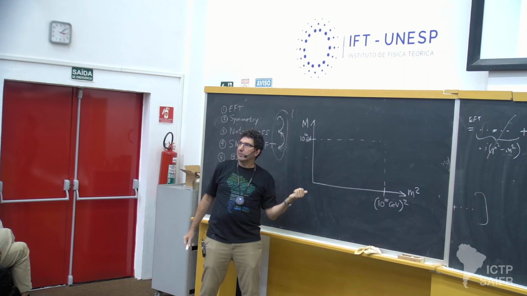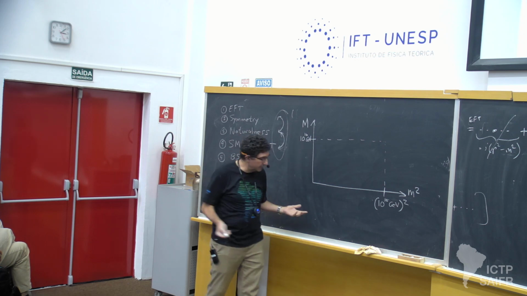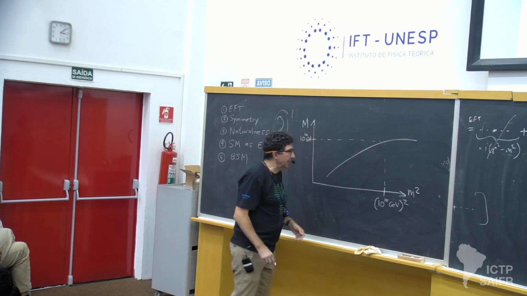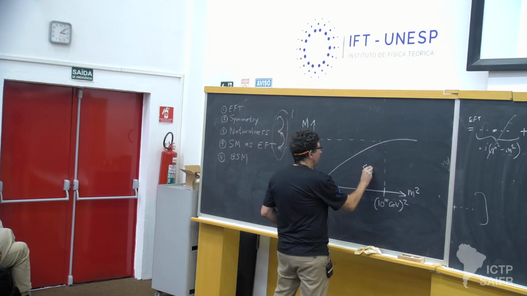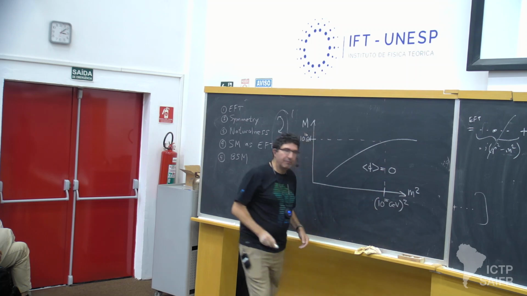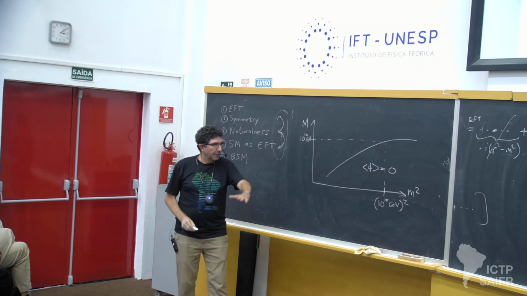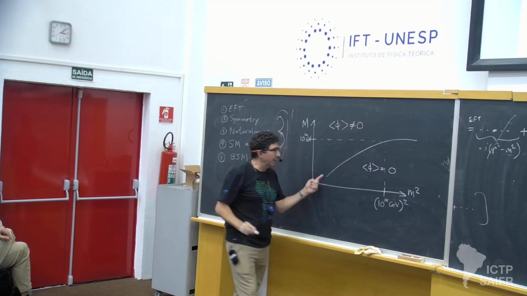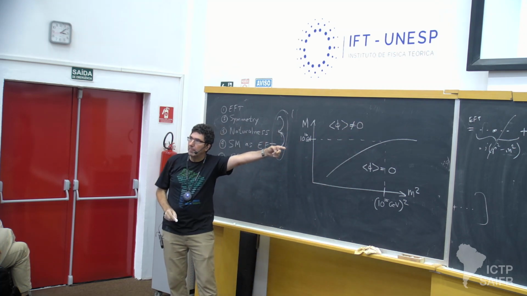I have a negative mass squared. Phi gets a VEV. That's called a phase transition. Remember phase transitions? In fact, what I actually have is something like this. Down here, I have the VEV of phi is 0, but if I cross this line, I have the VEV of phi not equal to 0, and this is a phase transition line.